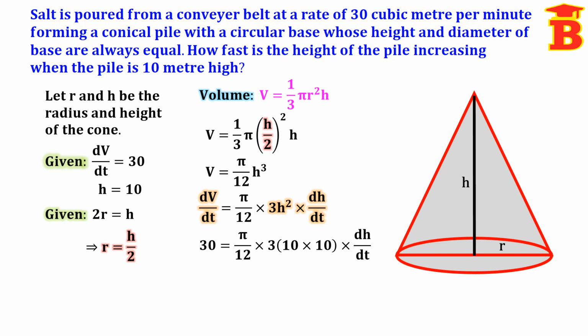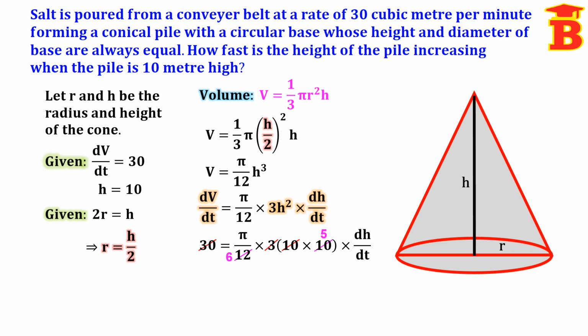Now simplify and get the answer for dH by dt. We can cancel the number very easily. Left side 30 and right side 3 into 10, that is 30. Next we can cancel this 10 and 12. Cancel by 2.